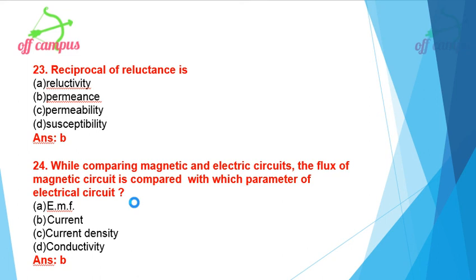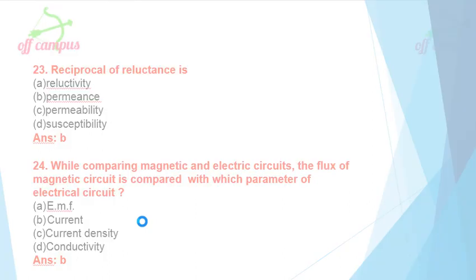Flux in the magnetic circuit is related to the current in the electric circuit. So, option B, current, is the right option.